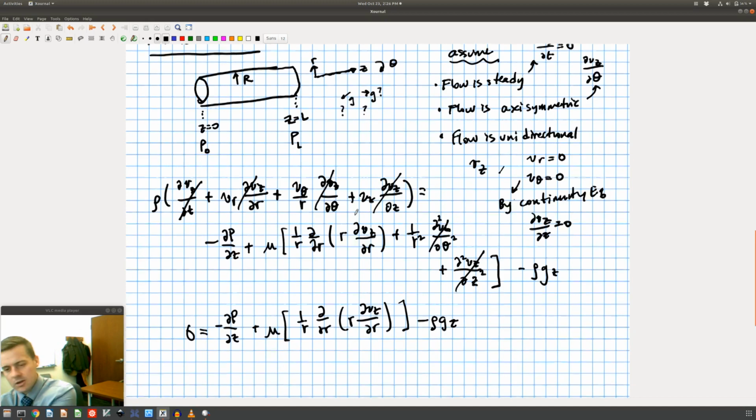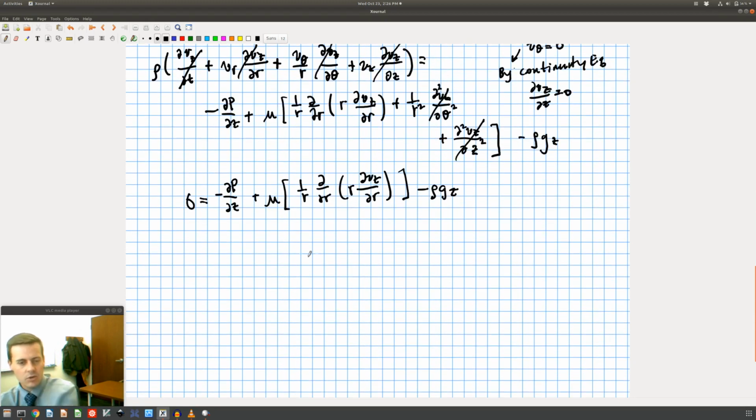So in that case, I'm not going to neglect gravity, and as I said in class, I'm going to take my pressure and define a dynamic pressure, which is equal to pressure plus rho gz, so that if I write d dynamic pressure, I get dp plus rho g.